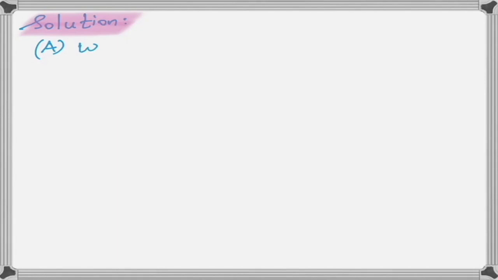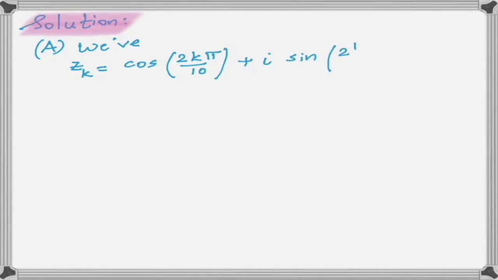We are given that Zk is equal to cos 2k pi by 10 plus i sin 2k pi by 10, where k is in the range 1, 2 and so on up to 9.